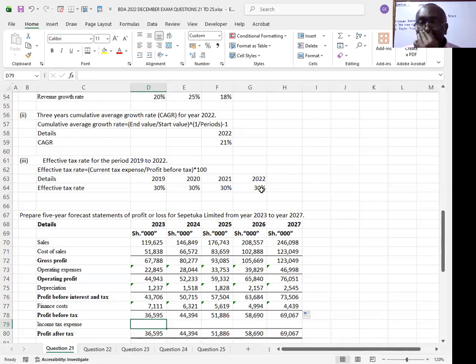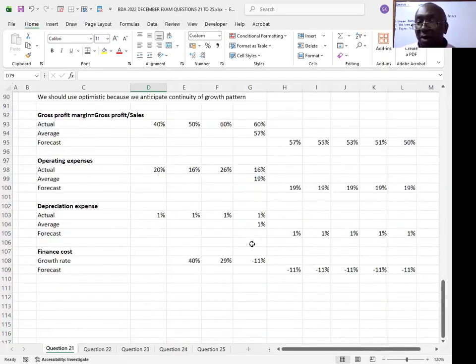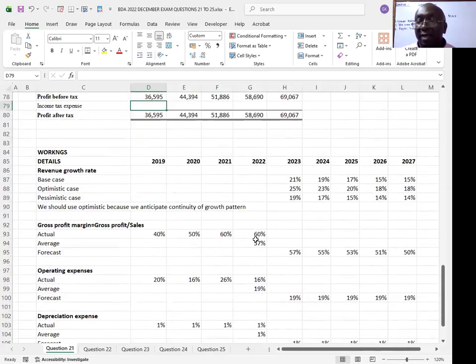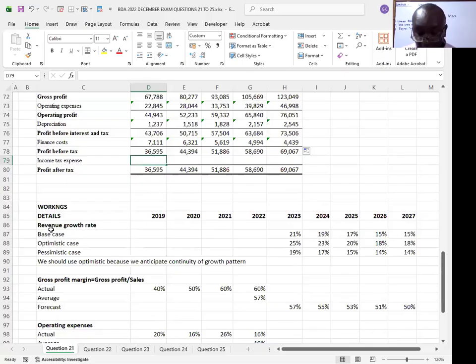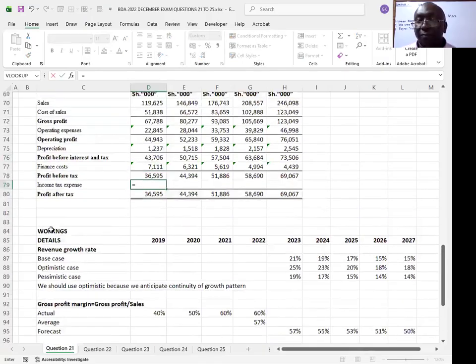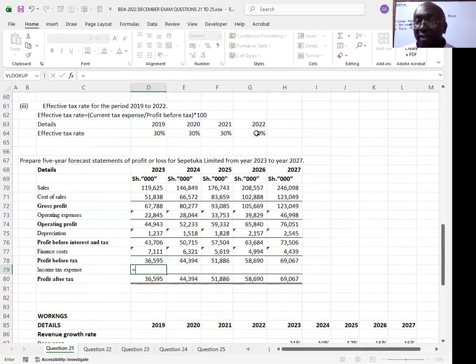Instead of coming to do a working here, we just anchor that. So tukuje hapa tuseme equals. Kwanza chukua this tax rate, year 2022, na uifunge.